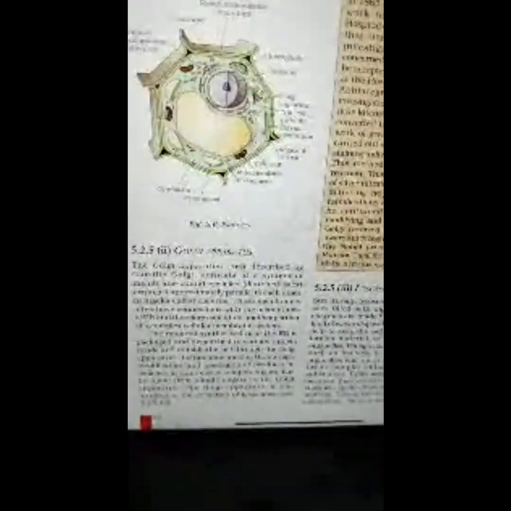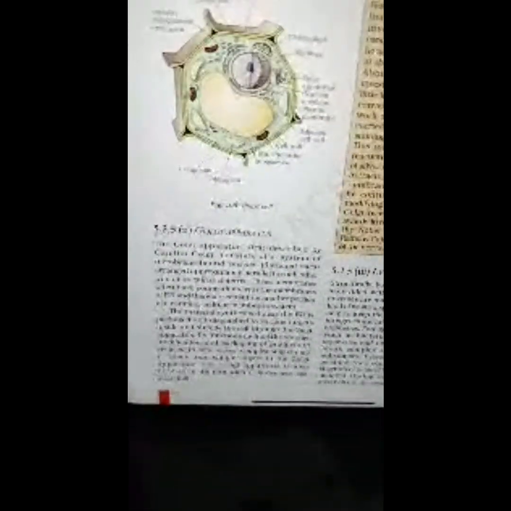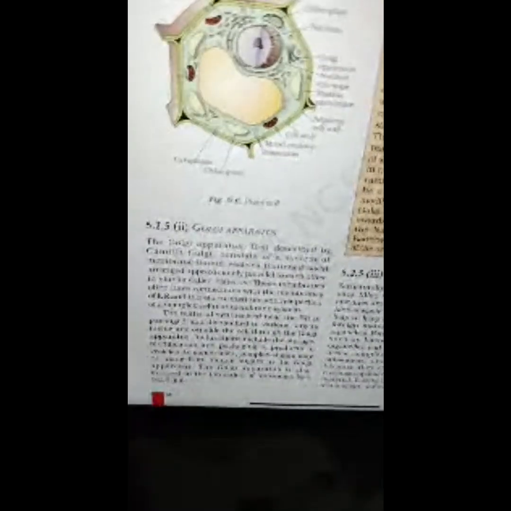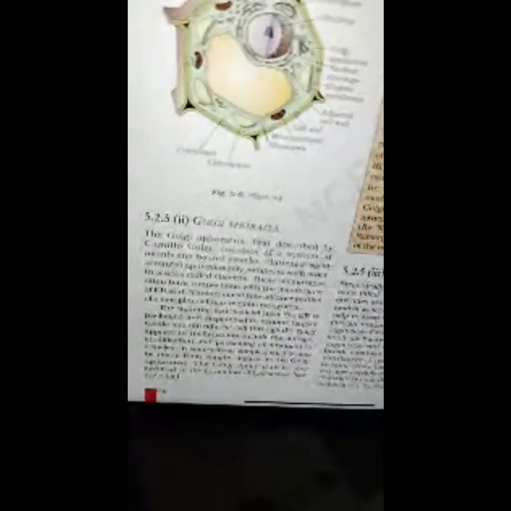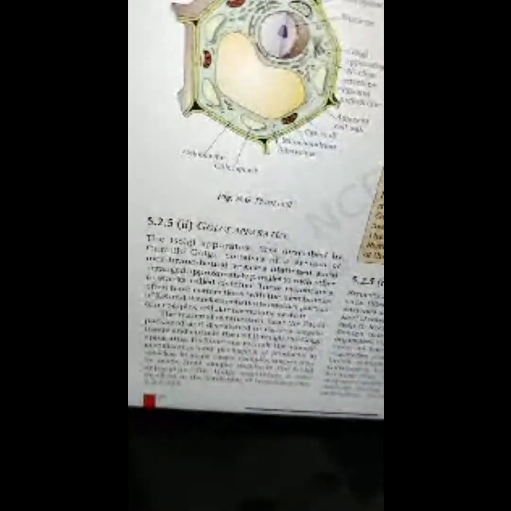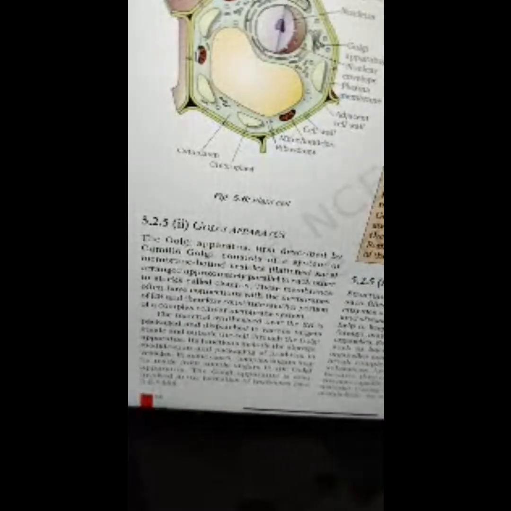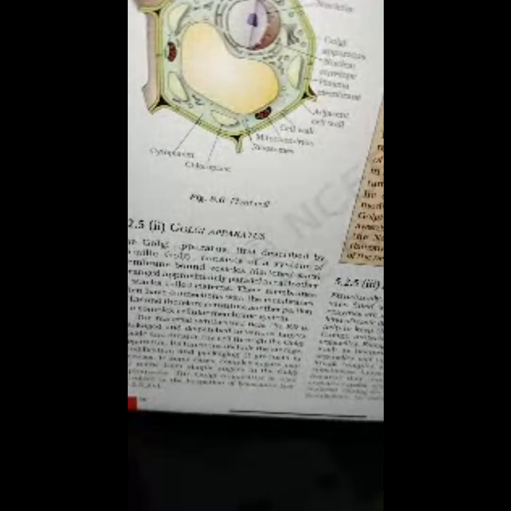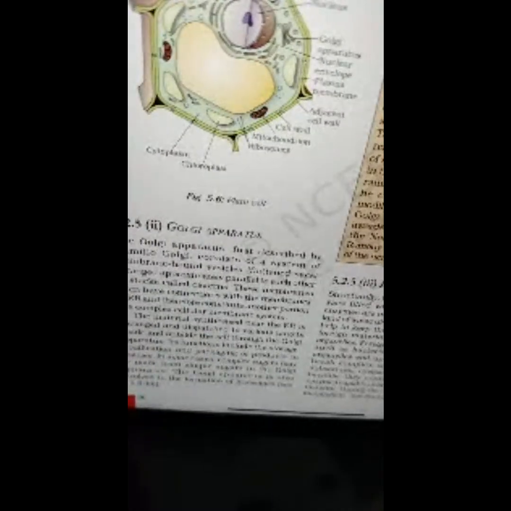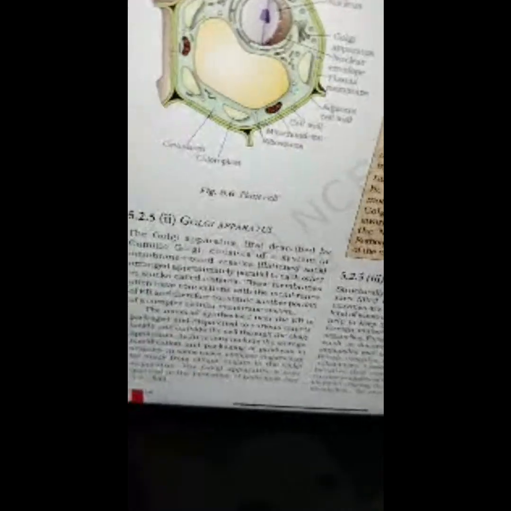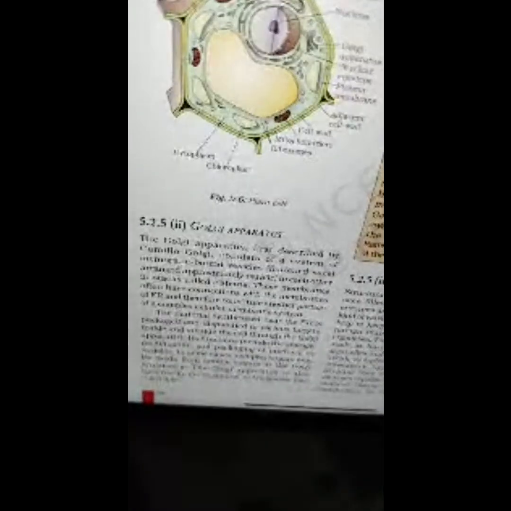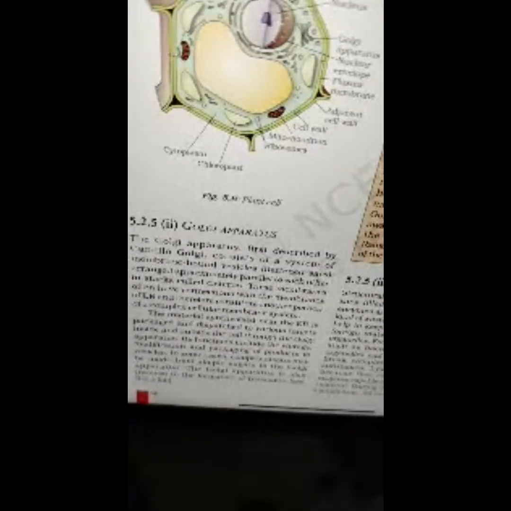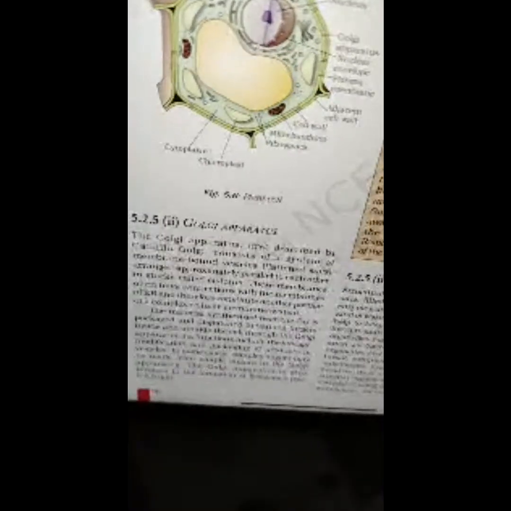Now come on to the Golgi bodies. 5.2.5.2 is written for the cell organelle, because 1 we have already done, ER. Golgi apparatus. The Golgi apparatus, first described by Camillo Golgi, consists of a system of membrane-bound vesicles or flattened sacs arranged approximately parallel to each other in stacks called cisternae. These membranes often have connections with the membranes of ER and therefore constitute another portion of a complex cellular membrane system.